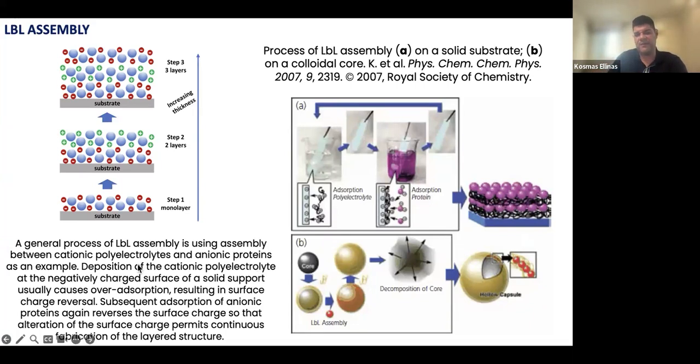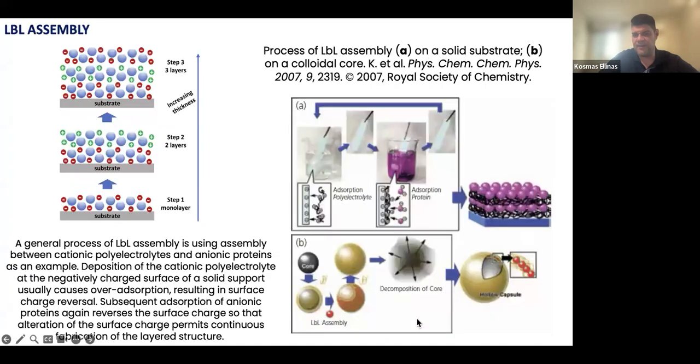Here, for example, we have cationic polyelectrolytes and anionic proteins, and we do successive layers of this, so we will have the fabrication of a layered structure, which is a layer by layer assembly of differently charged films.